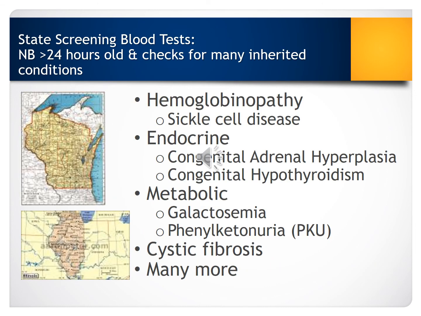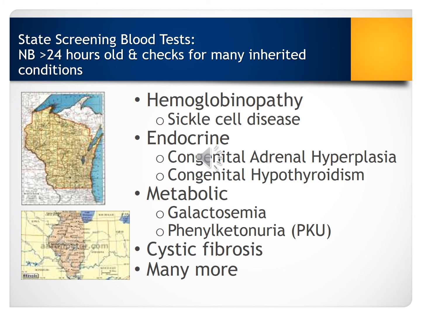As part of the newborn screening are some genetic screenings that are done, and they vary from state to state. Here I've listed the state of Wisconsin and Illinois because these tests are routine, done in all newborns.